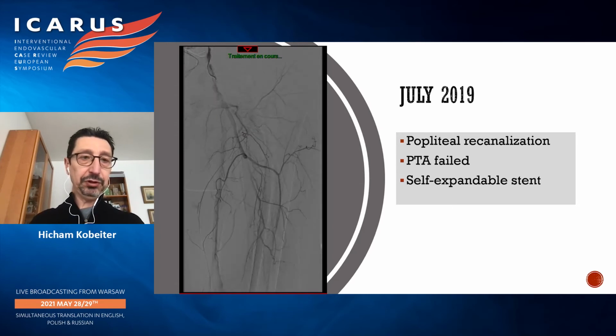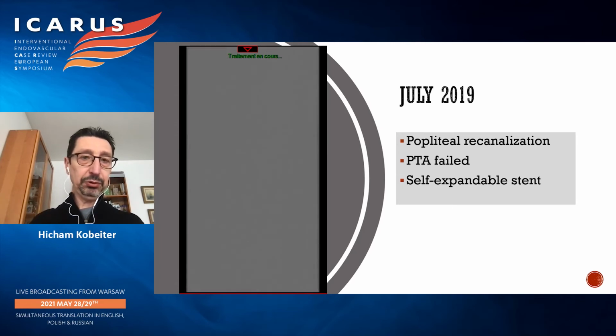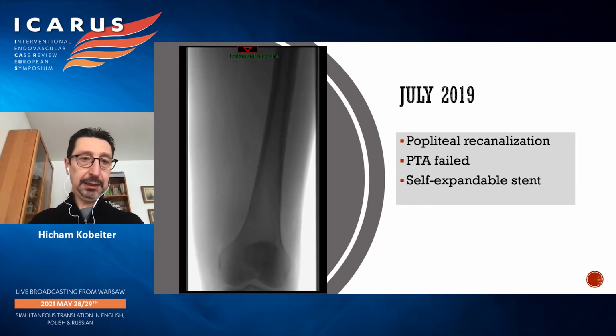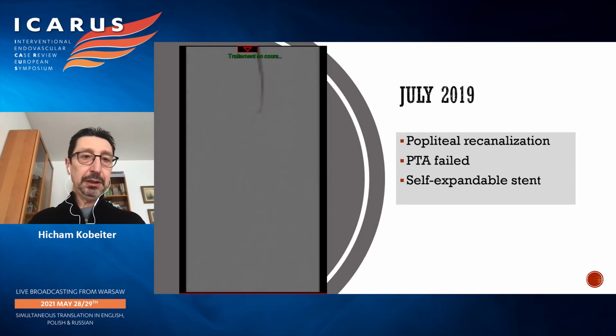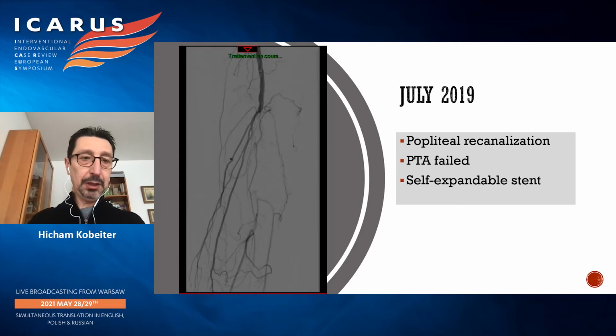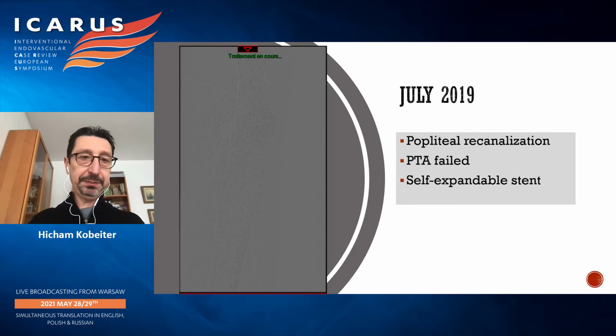Here is the angiogram, done by a contralateral approach. The SFA was okay, and after the popliteal artery there was an occlusion. And you have two good distal popliteal arteries that were patent.